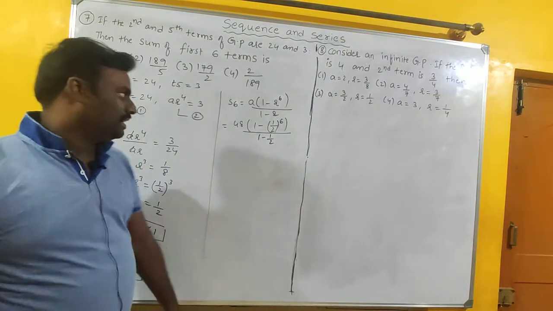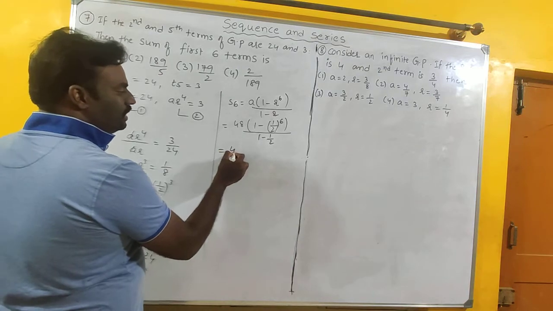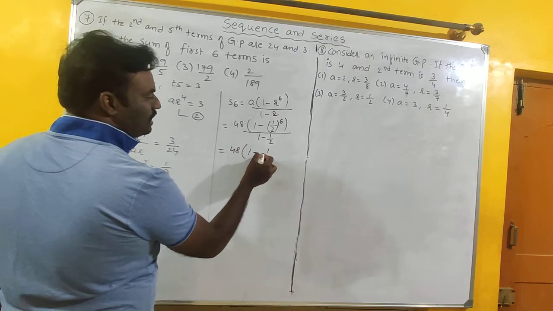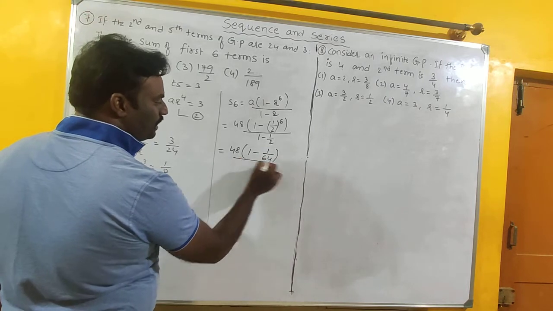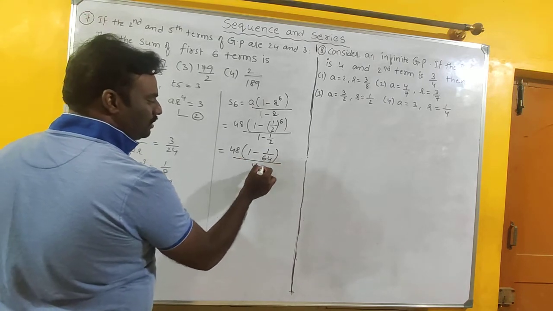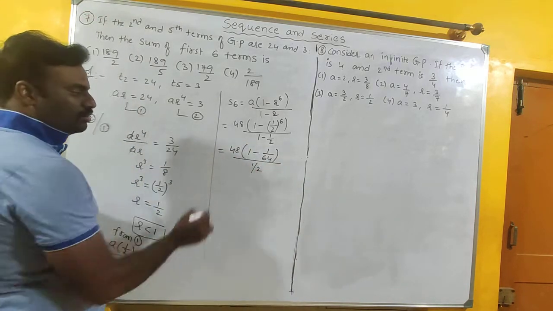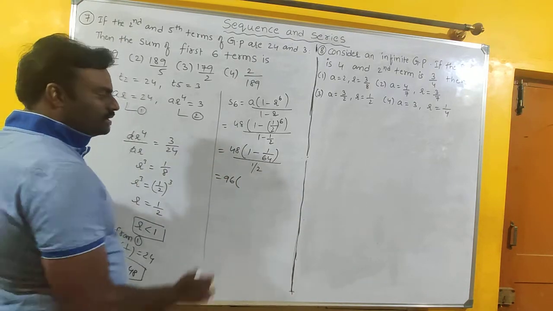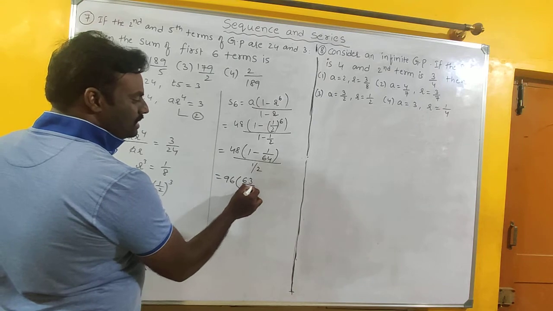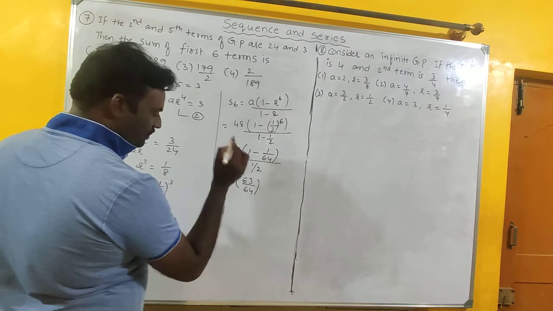Now simplify: 48 into 1 minus 1 by 2 power 6, that is 1 by 64, divided by 1 minus 1 by 2, that is 1 by 2. The 2 will go to the numerator, 48 into 2 is 96, into 1 minus 1 by 64, that is 63 by 64.